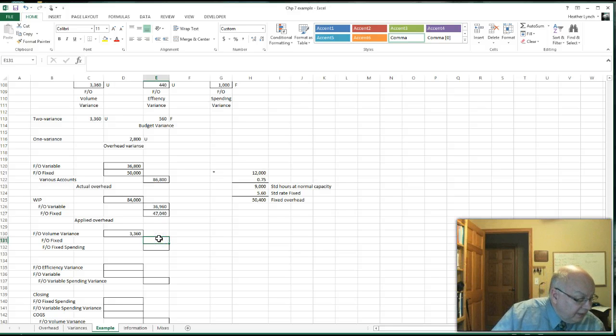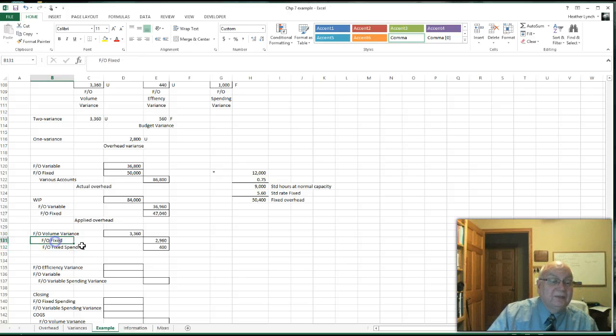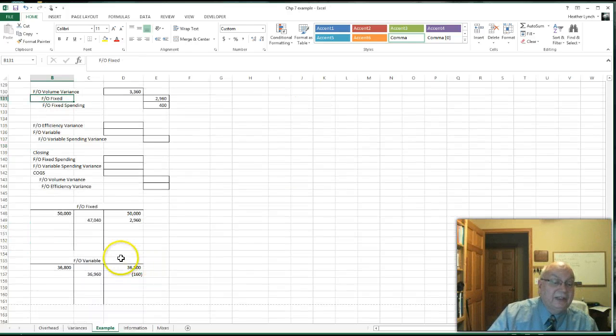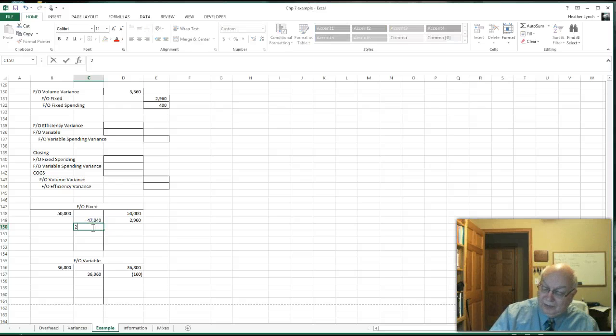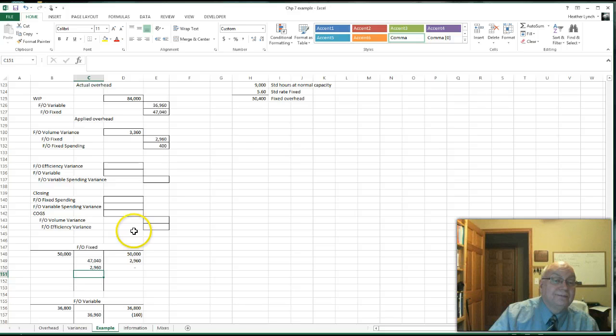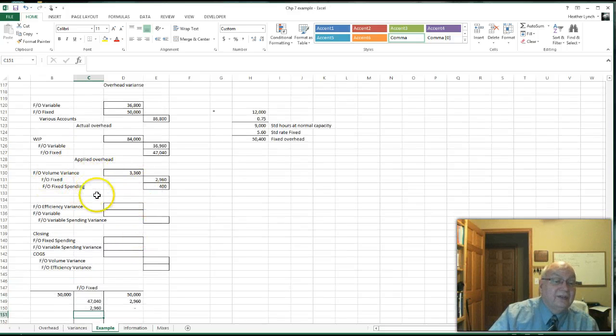And then I have the factory overhead fixed is 2960, and this is 400. Okay, this is the fixed overhead variances, and this is my fixed overhead accounts for 2960. So I put a credit in here for 2960. Notice that zeroes that account out, because that's what I'm doing with the variances.